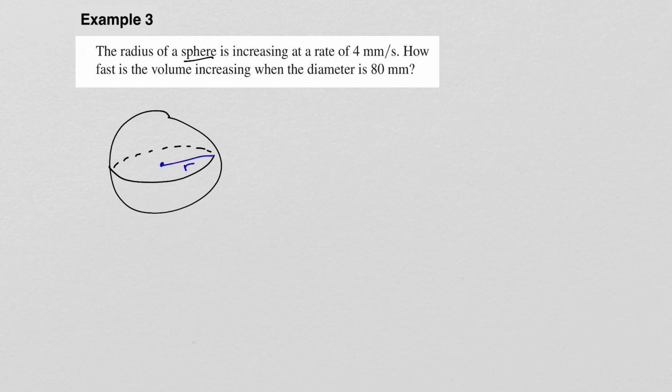Now, to do this problem, we have to know the volume formula for a sphere. The volume of a sphere is 4/3 pi r to the third power. Let's abbreviate that by calling the volume V. So V equals 4/3 pi r to the third.